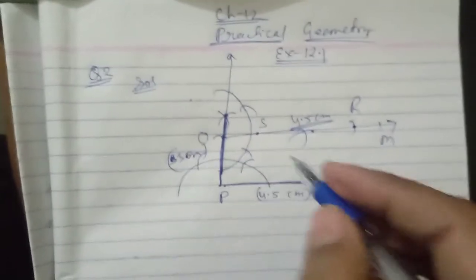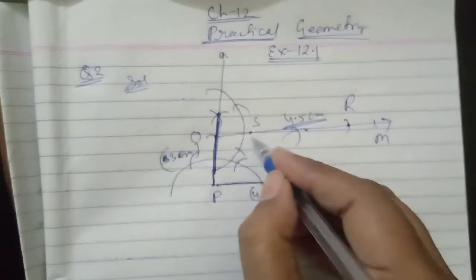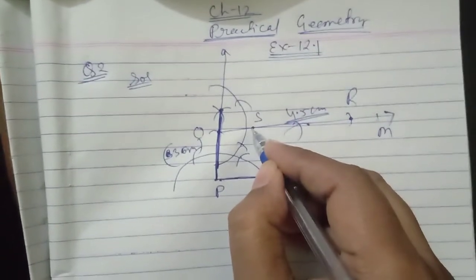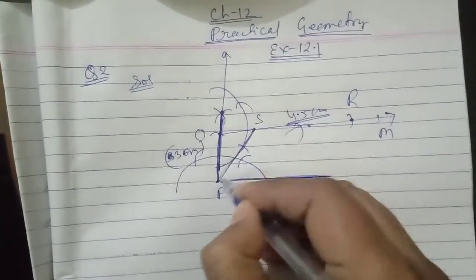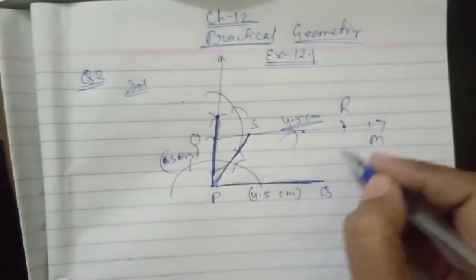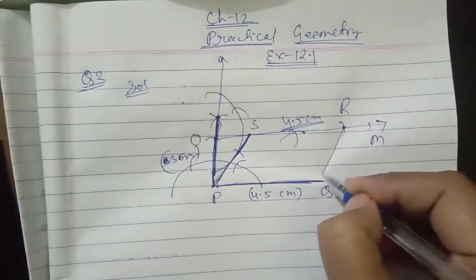Then in the question it is asking us to join P and S like this, then RQ.